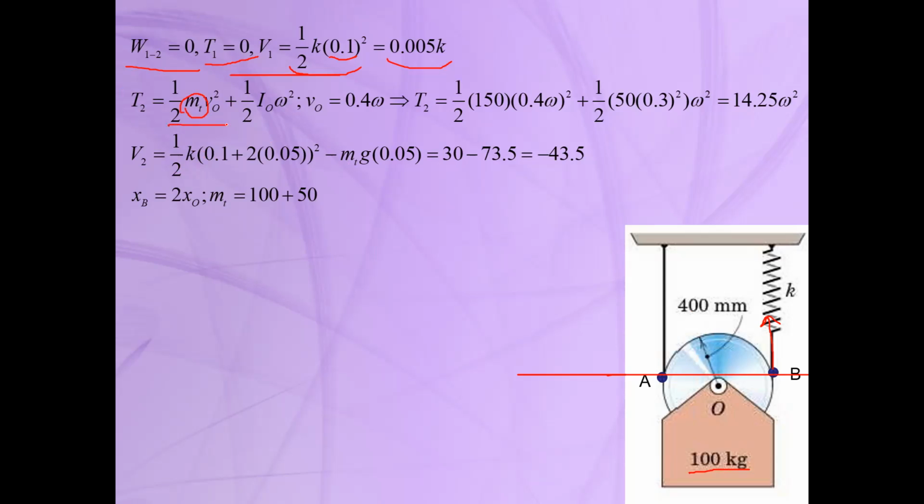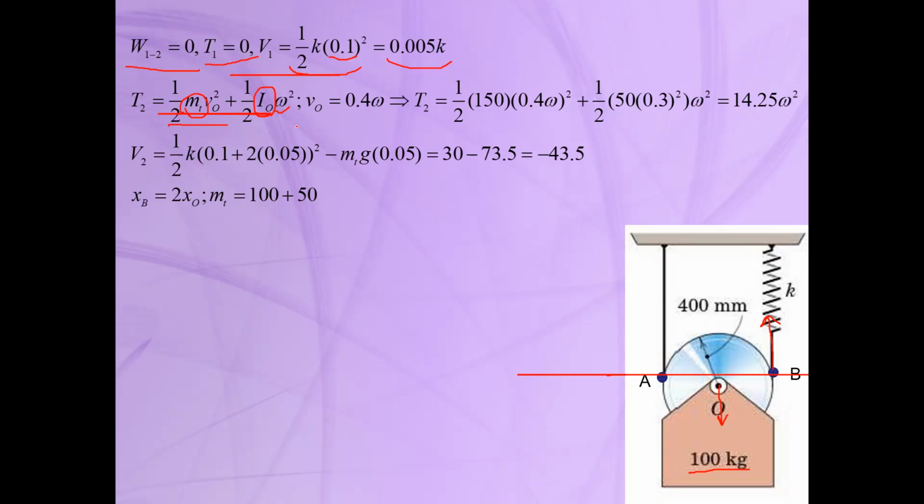So we will have half MT times VO squared, where VO is the velocity of the mass center, plus half times IO omega squared, where IO is the mass moment of inertia about the point O, or about the mass center, times omega squared. This IO is the mass moment of inertia for this sheave about its mass center, and omega is the angular velocity of the sheave, but this VO is the velocity of the center.